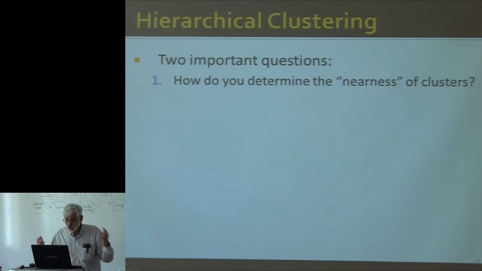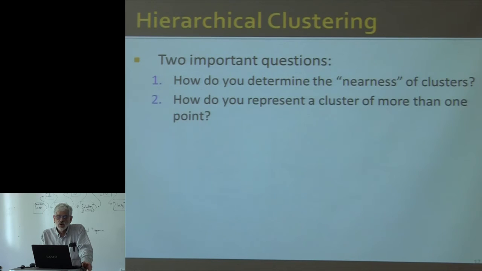So I think entirely too much has been said about these issues. But again, I do have to admit that there are different data sets where the clustering will work better, depending upon how you define distance, how you define nearness, how you decide when to stop agglomerating clusters. All of these things are choices that make this an art rather than a science, and there's nothing much we're going to do about that.